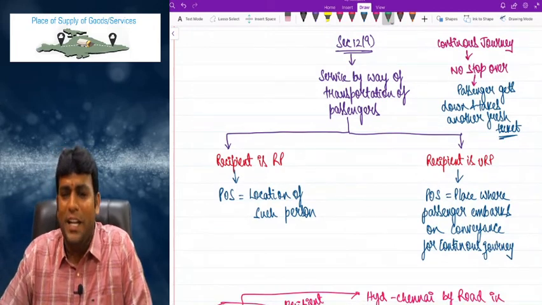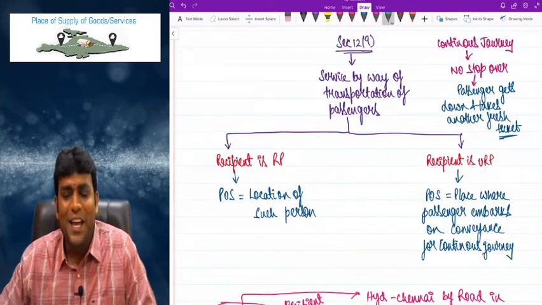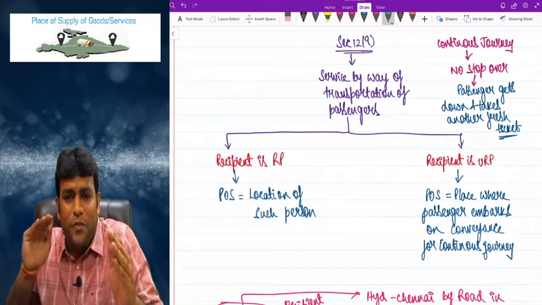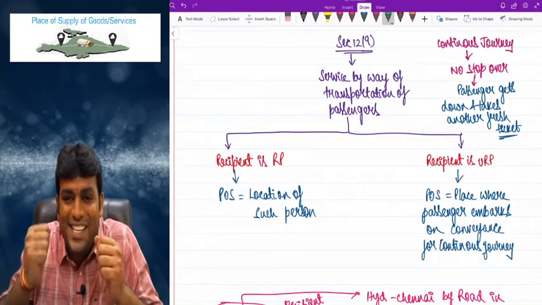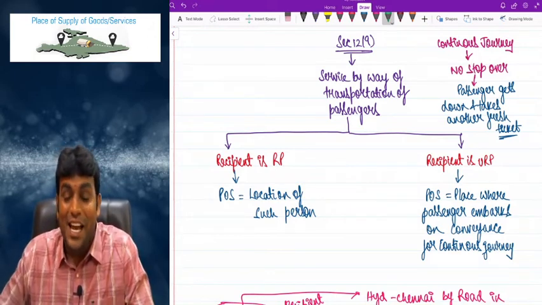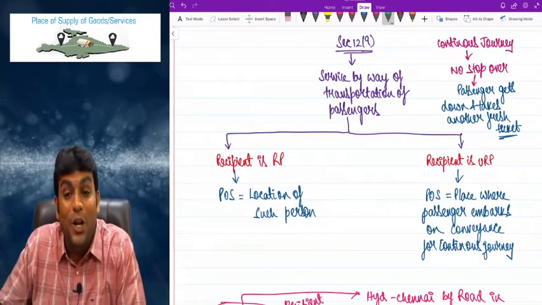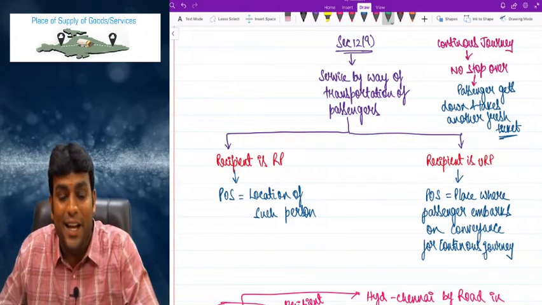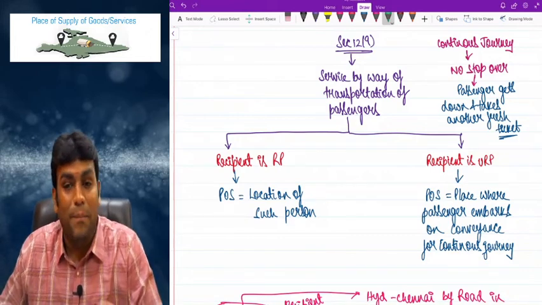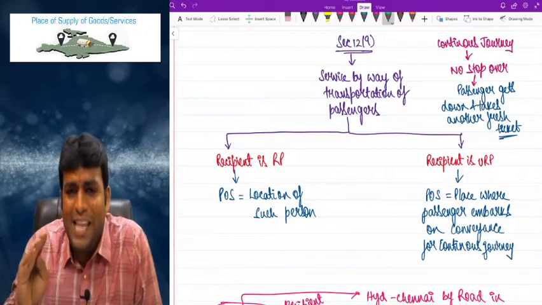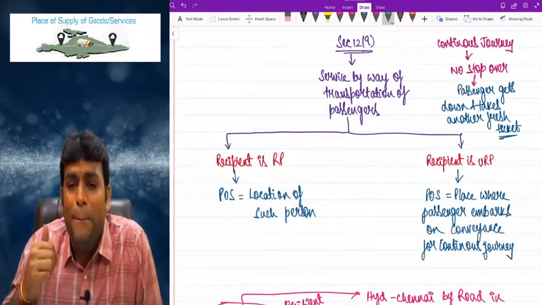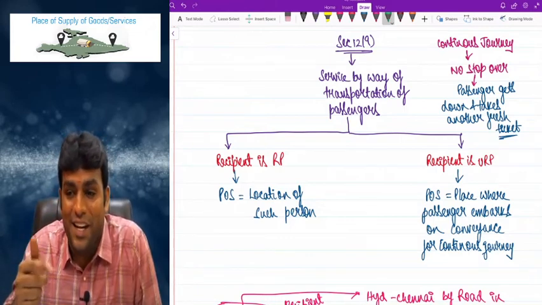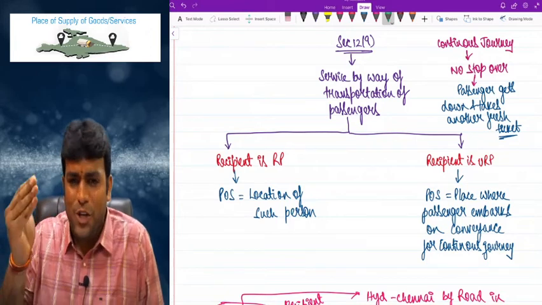A brilliant concept dealt by section 12.9, which talks about service by way of transportation of passengers, which clearly says if the recipient is a registered person, then place of supply will be the location of such person. Whereas if the recipient is an unregistered person, then place of supply will be the place where the passenger embarks on the conveyance.